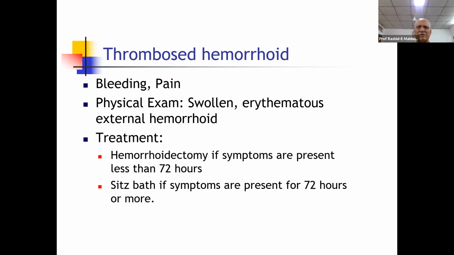So the treatment of these sorts of hemorrhoids is you can just take them for surgery if possible within the shortest possible time. So don't neglect those thrombosed hemorrhoids. You just send them to the nearest specialist so they can do the surgery for that.